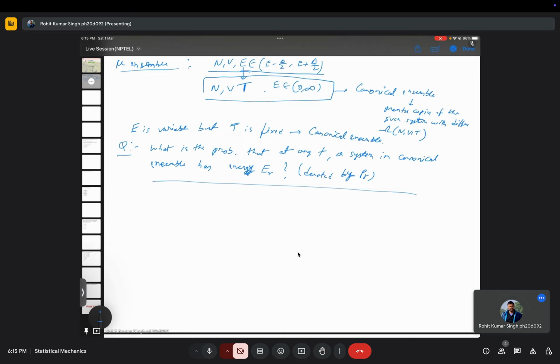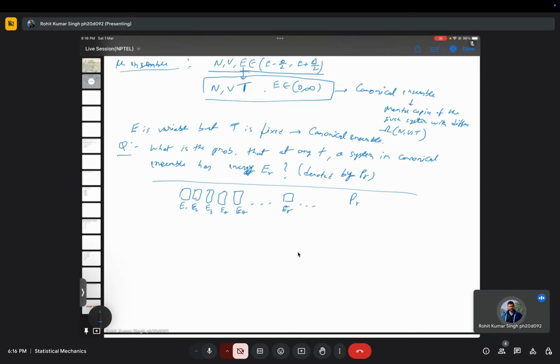You have many systems, each with some different energy. If at any time t you measure the energy of the system, what is the probability that you find some energy Er? We denote that probability by Pr.